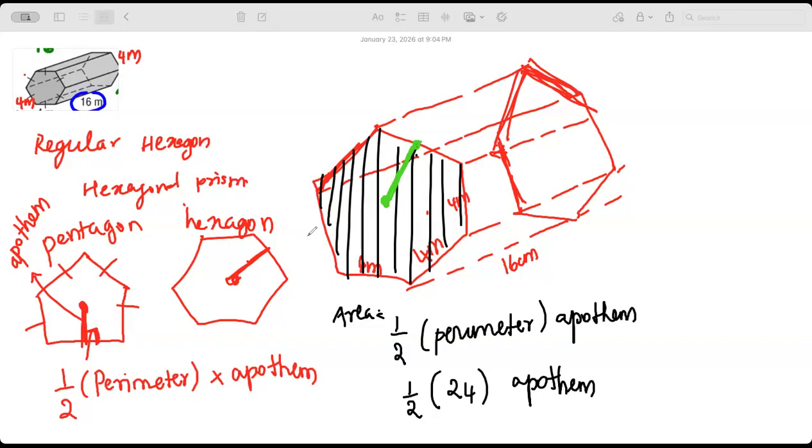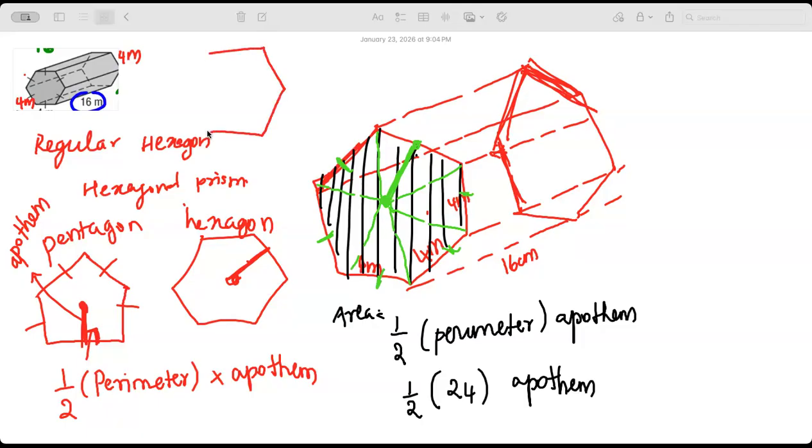The best part is it's a regular hexagon. That's the biggest clue. If it's a regular hexagon, what happens? What does it form at the center? A regular hexagon means all the sides are equal.